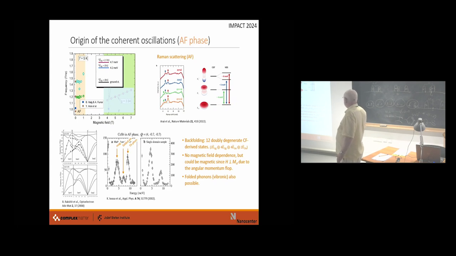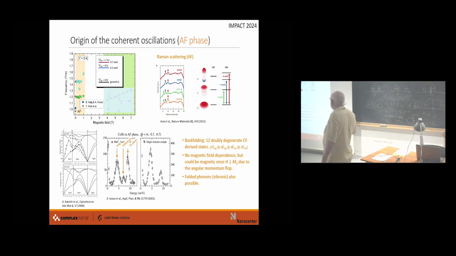On the other hand, we know that we also have backfolding of phonons, and if one looks at the phonon dispersion curves in this material, if we take into account quadrupling of the unit cell, there would be backfolding of phonons exactly in this frequency range.